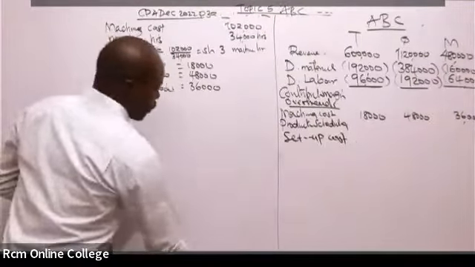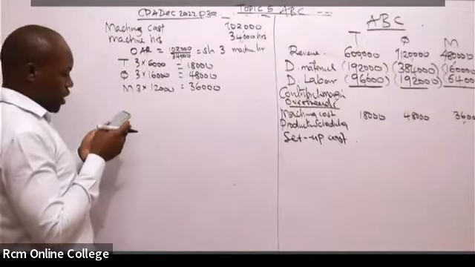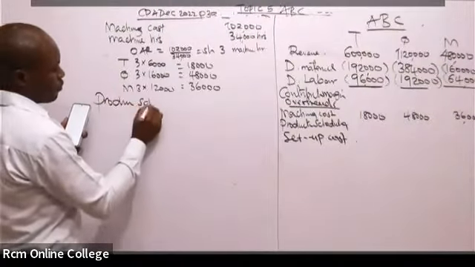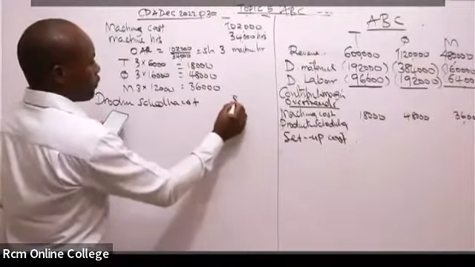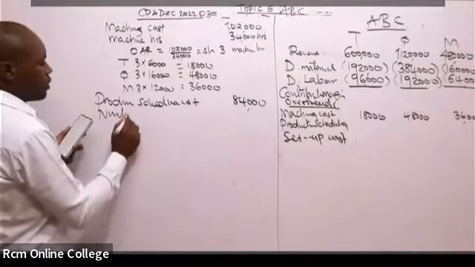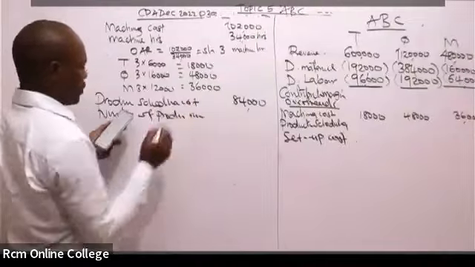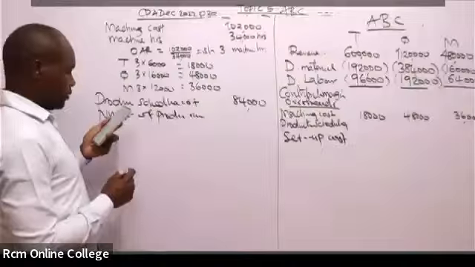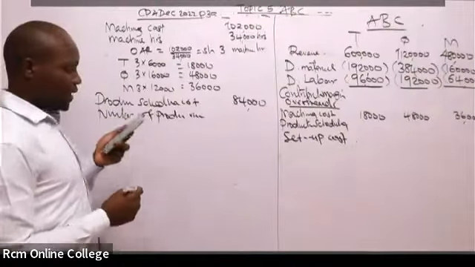So we've been able to see the trend. Then production scheduling cost, number of production runs. We have 84,000, supposed to be done based on the number of production runs. We have 6 plus 16 plus 8.